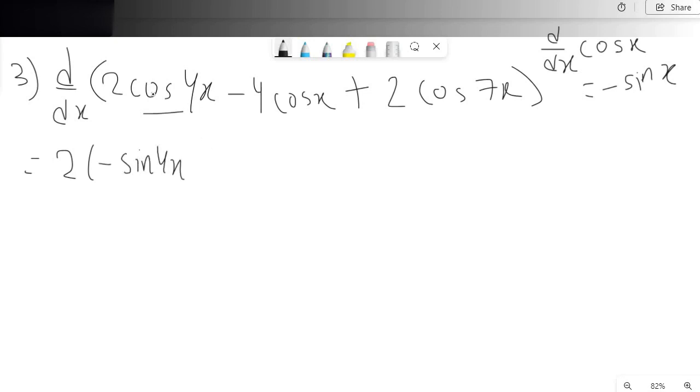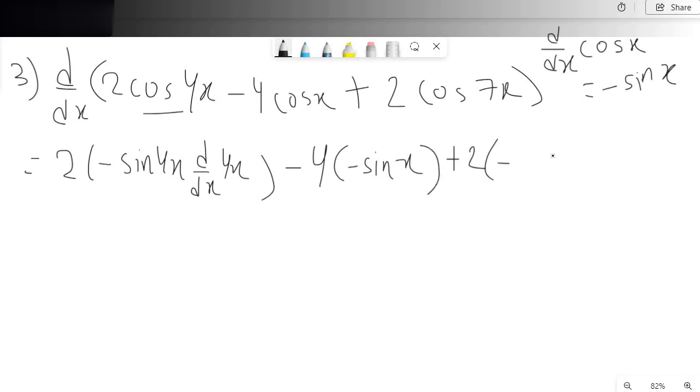Now as before, because we have initially assumed that this is x, therefore we have to multiply it with the derivative of 4x, the inside function, and minus 4 into minus sin x, as the derivative of cos x is minus sin x, and then plus 2 multiplied with minus sin 7x, and then again differentiating 7x according to the chain rule.